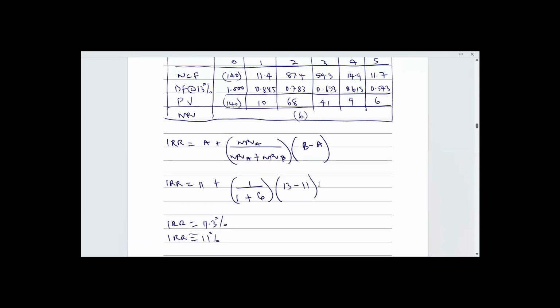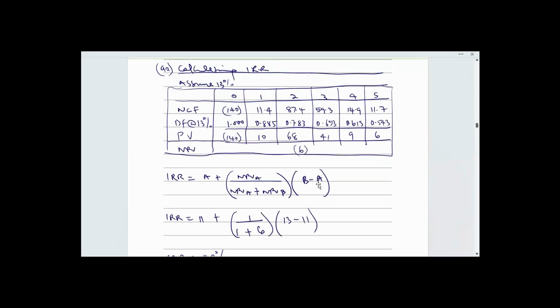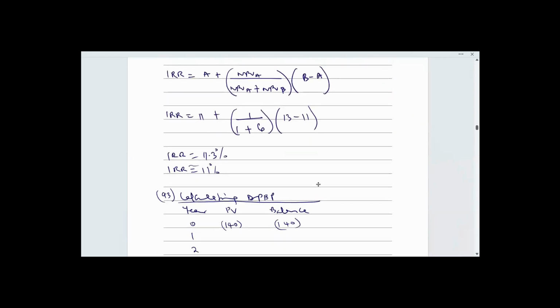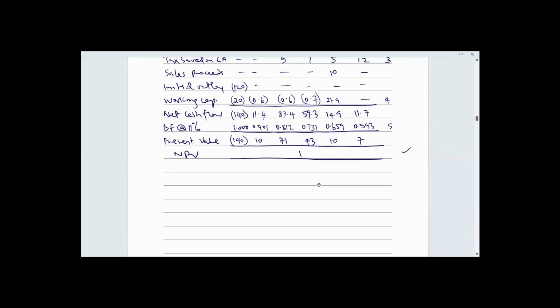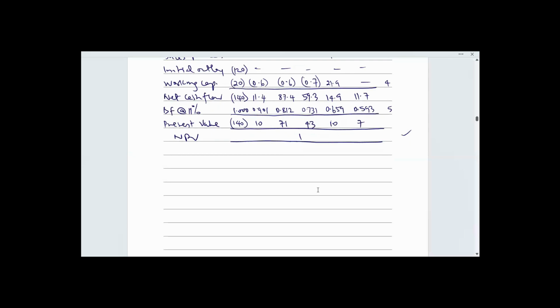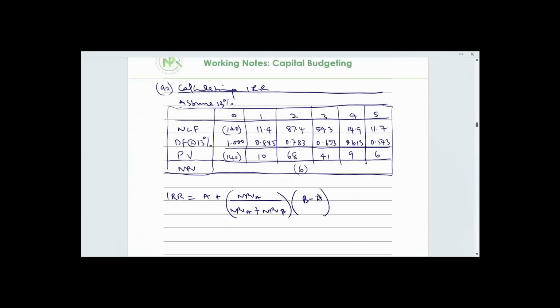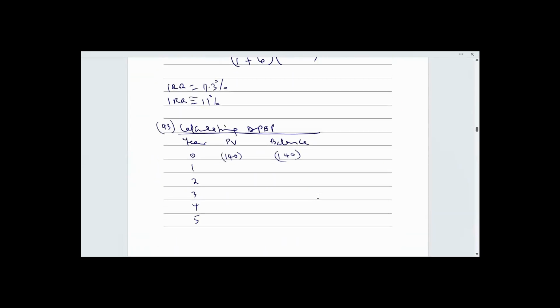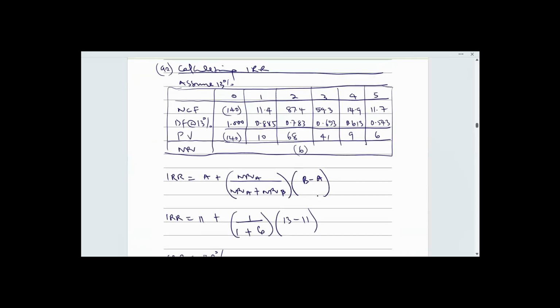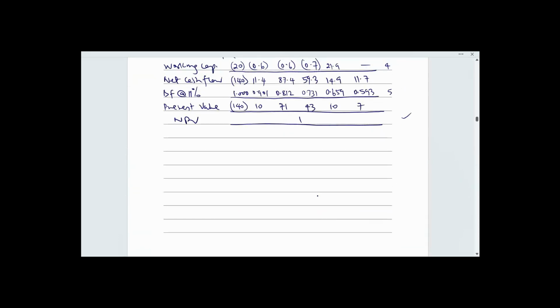Present value of year 1 is equal to 10. Year 2 is 71. Year 4 and 5, present value 10 and 7.